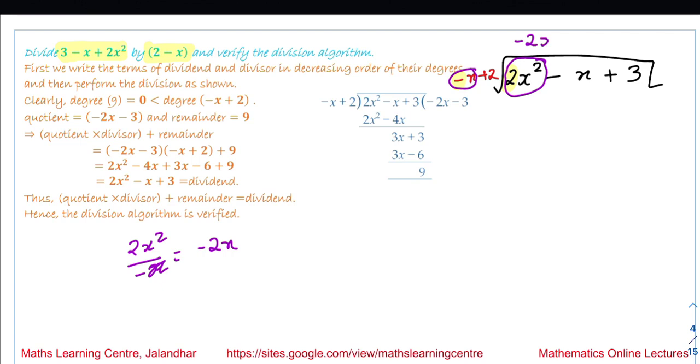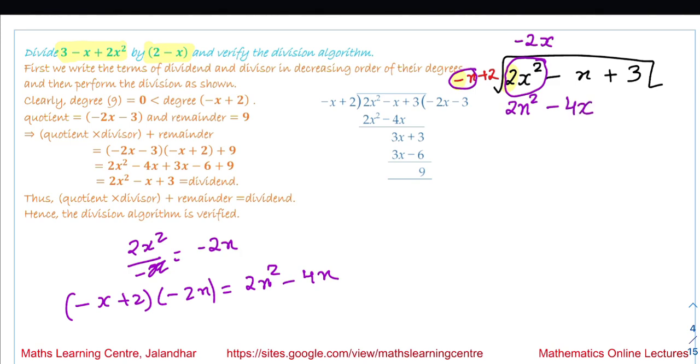So we multiply minus x plus 2 by minus 2x. The answer we get is 2x square minus 4x.